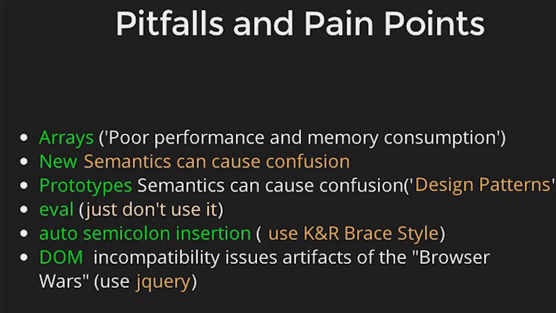JavaScript, again, being your friend and loving you so much, has something called automatic semicolon insertion. So if you're missing your semicolon, JavaScript will try to put it in there for you. And there are cases where you don't want it to, which is why, if you note the style of most all JavaScript, you have the closest to the one true bracing style, sort of K&R bracing style, where the brace of a function, or the brace of a thing, is on the same line.